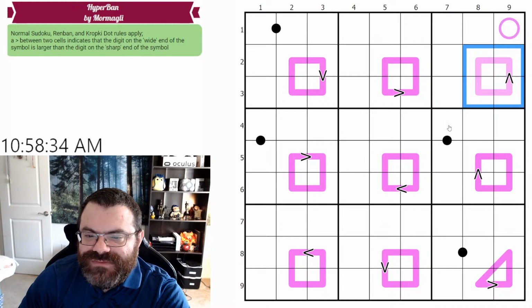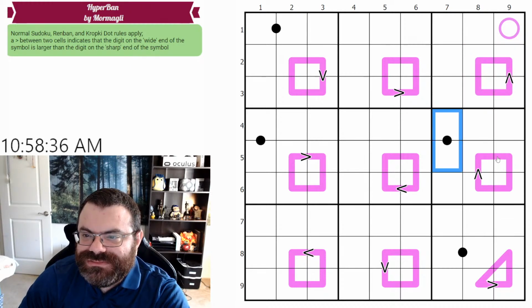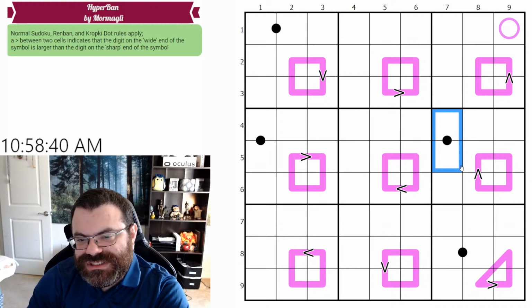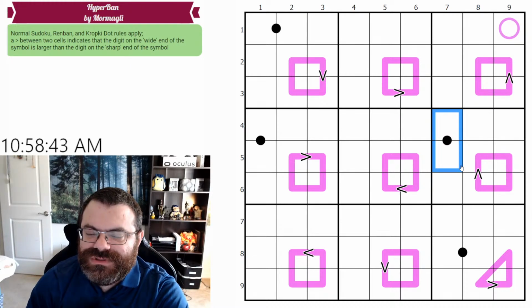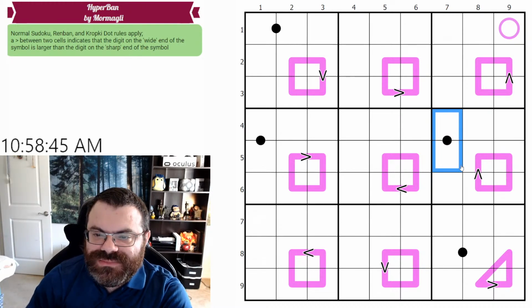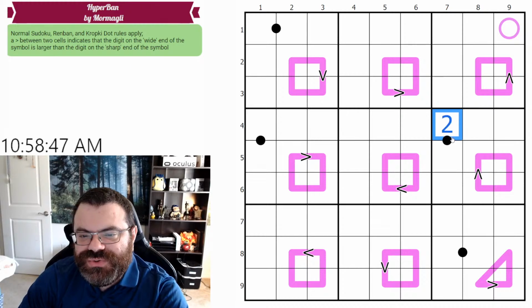And then we have these black Kropki dots. What that means is that the digits have a 1 to 2 ratio, and a cleaner way to put that is one is exactly double the other. So if I put a 2 here, this could be a 1, because 2 is exactly double 1, or this could be a 4, because 4 is exactly double 2.